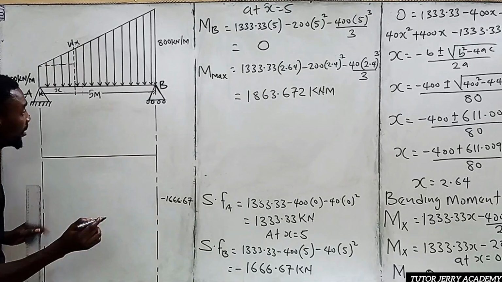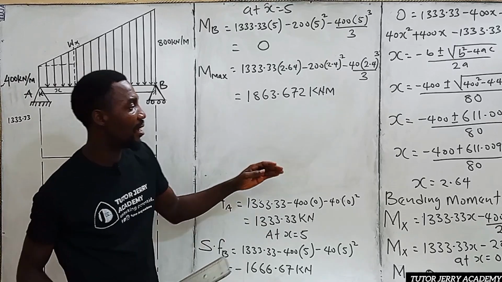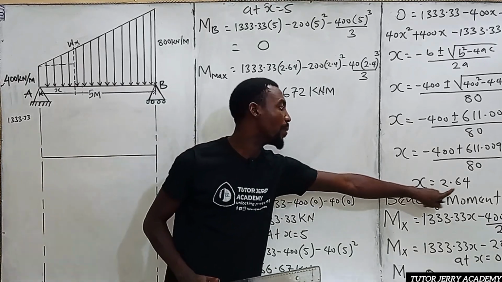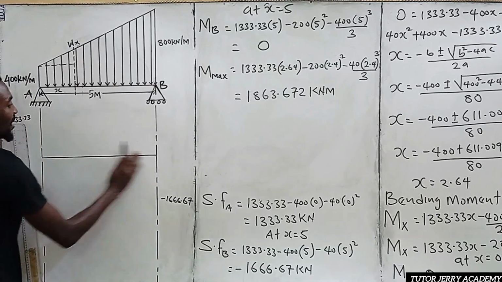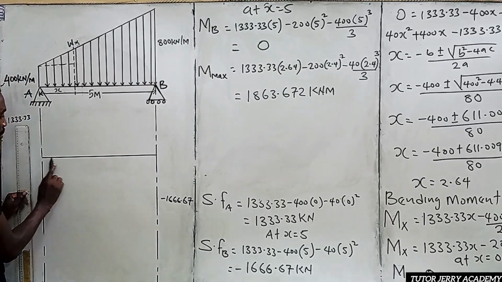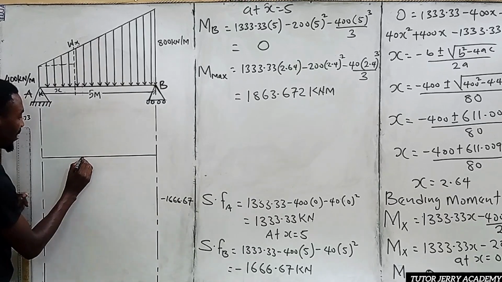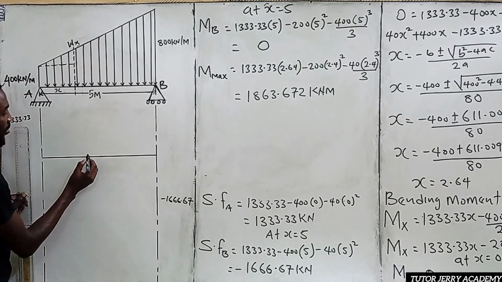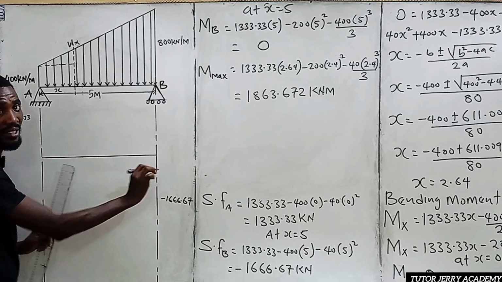All right. So now we are going to draw the shear force diagram. Don't forget, we said our shear force is equal to 0 at 2.64. So on a graph, I am going to come here since the total length is 5. So it means from this point, 2.64 should be somewhere around here. Exactly. You can just put it here because this is just a hand sketch.